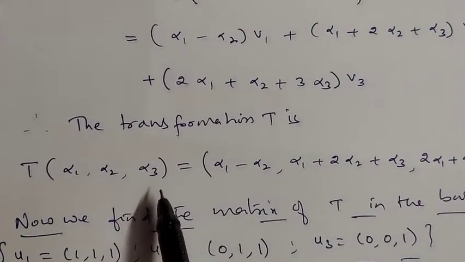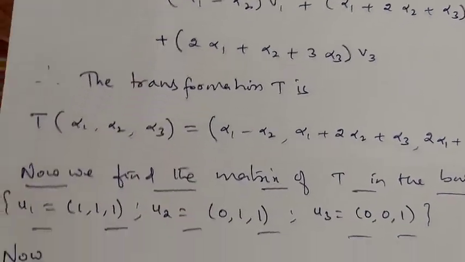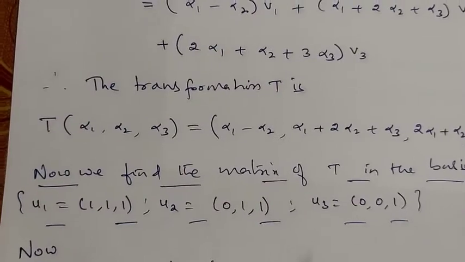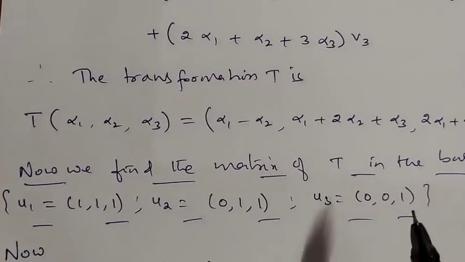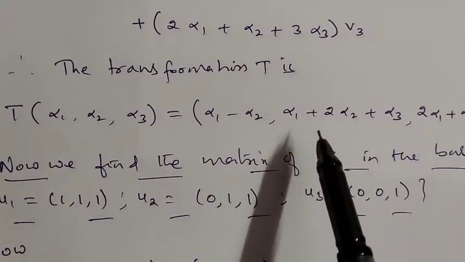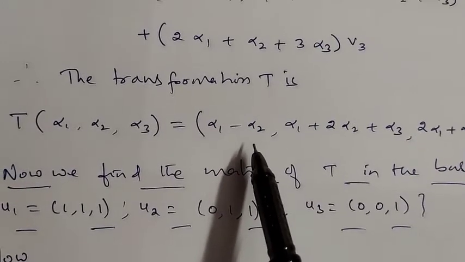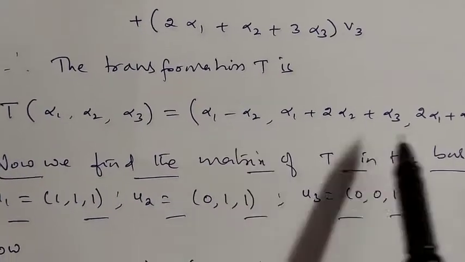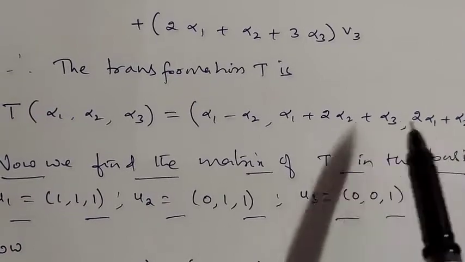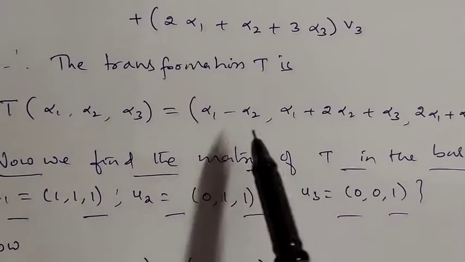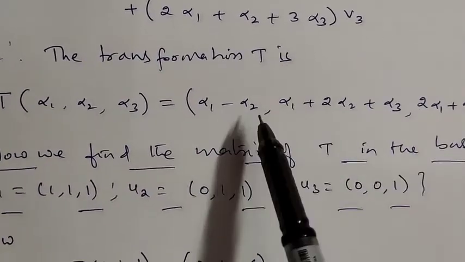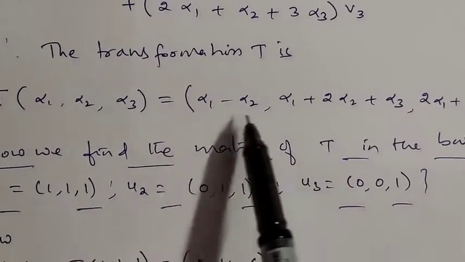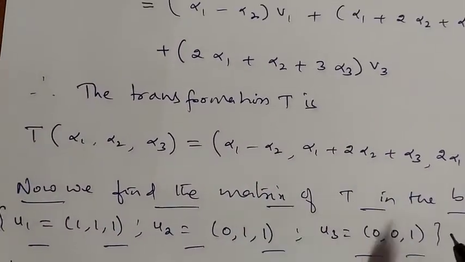So this is the transformation T, and the matrix they were given is with respect to the standard basis. You can cross verify it. If you put 1 0 0, you get the first row of the matrix. If you put 0 1 0, you get the second row of the matrix. If you put 0 0 1, you get the third row of the given matrix.